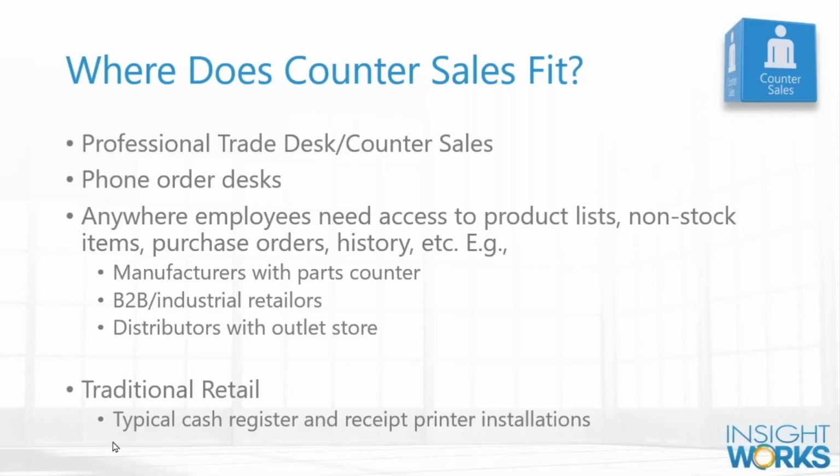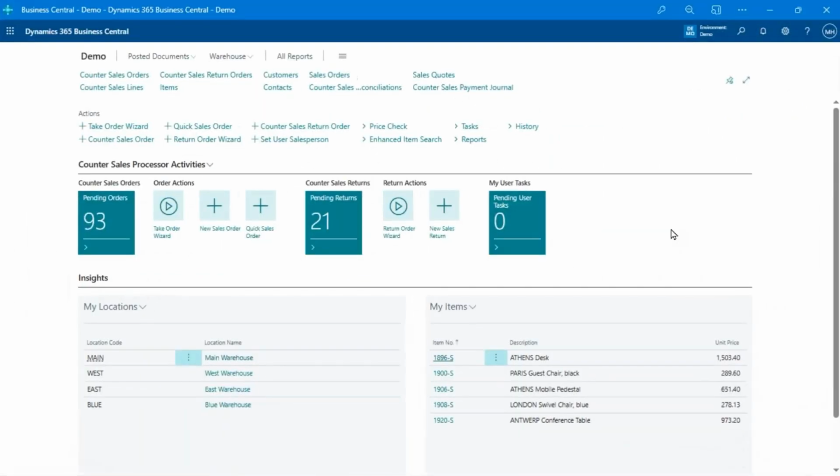All right. Now with that, we're going to jump in and dive right into the demo. So what we see here is the role center for the standard counter sales order processor. There's also one for a manager that would have things like daily close procedures and all of those sorts of things. But again, you can tailor it to whatever you want it to be.